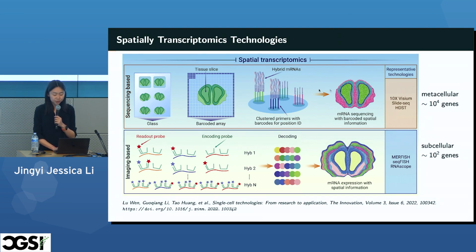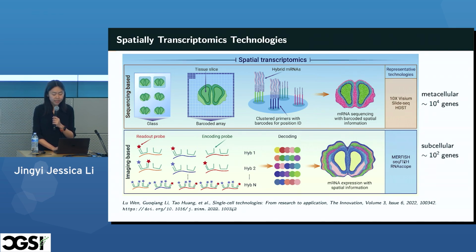Sequencing-based technologies can provide the whole transcriptome, which means that you can measure tens of thousands of genes for human. What you lose is the spatial resolution. For the most common technology, 10x Visium, developed by 10x Genomics, the spatial resolution is actually multicellular instead of single cellular. So you usually have 10 to 20 cells on one spot.